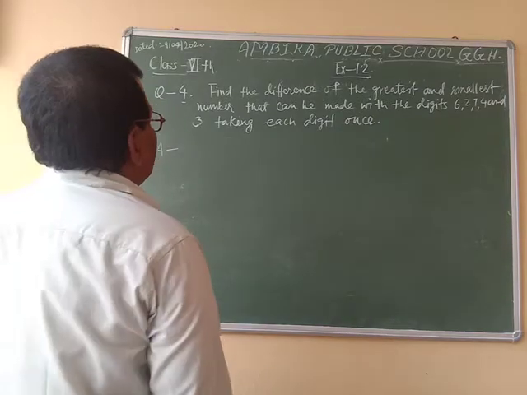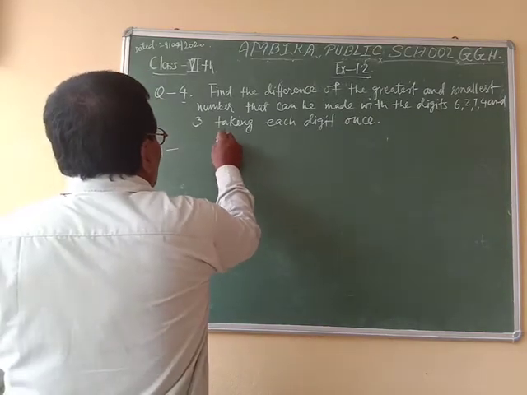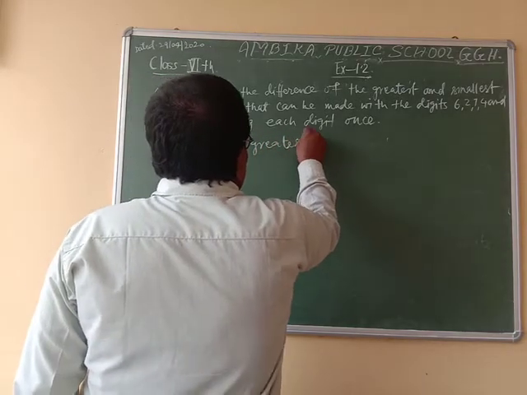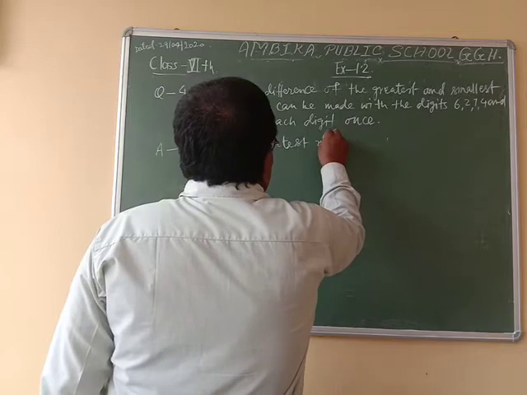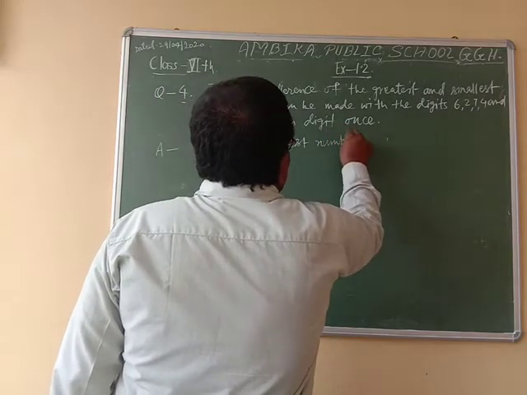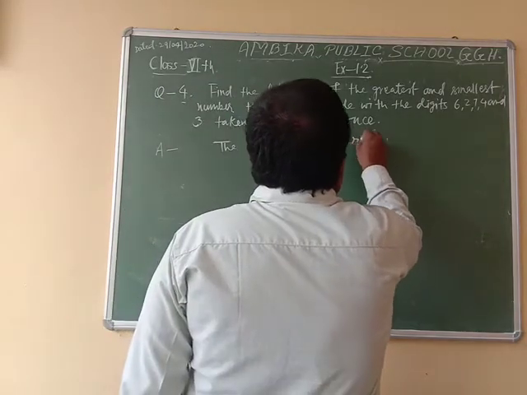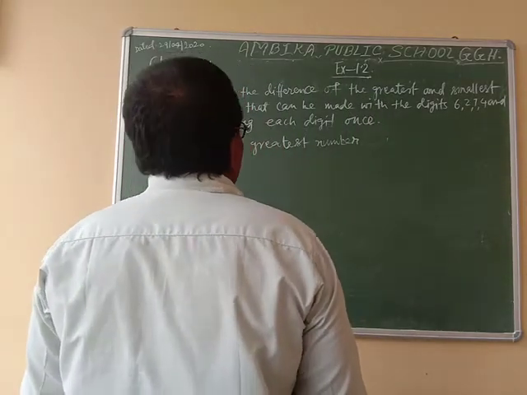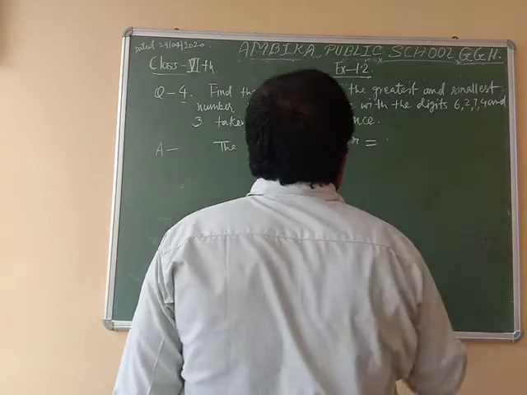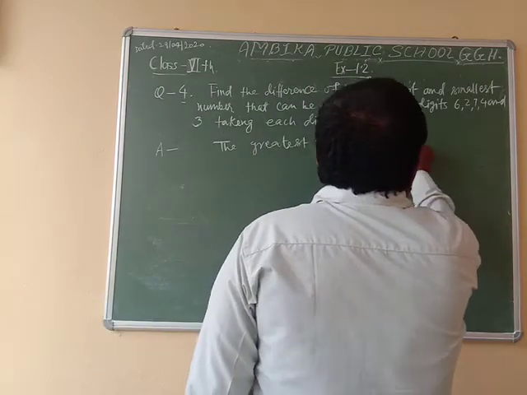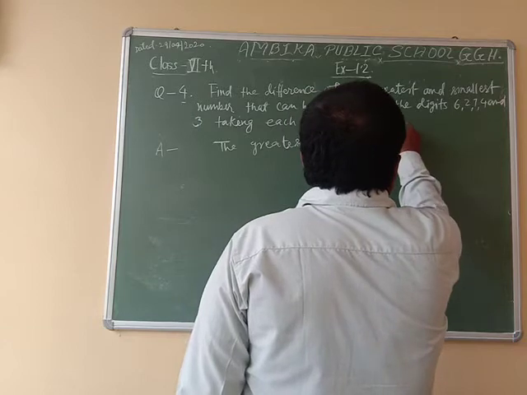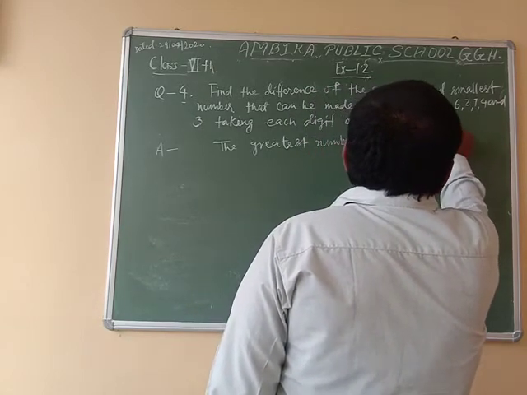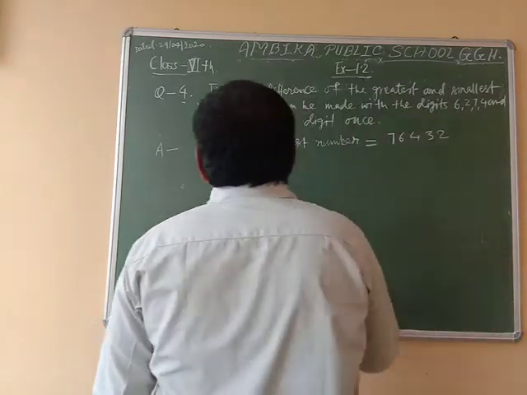The greatest number with the digits 6, 2, 7, 4 and 3: at first we write 7, 6, 4, 3, 2. That is the greatest number.